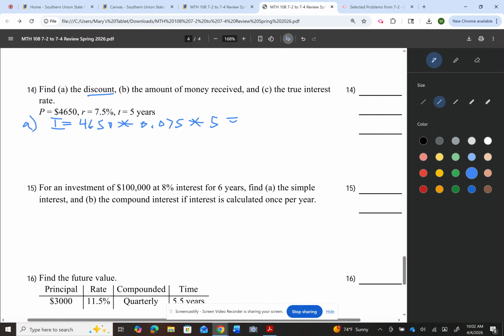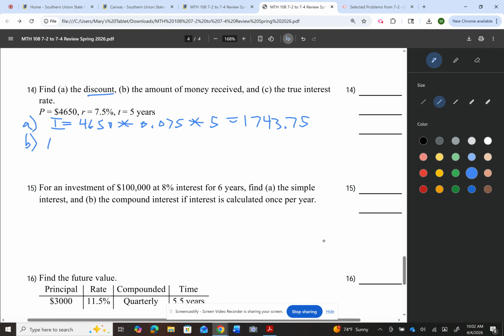So I need to calculate that. That's 4,650 times 0.075 times the 5. So that's going to be $1,743.75. So you don't actually get that 4,650.